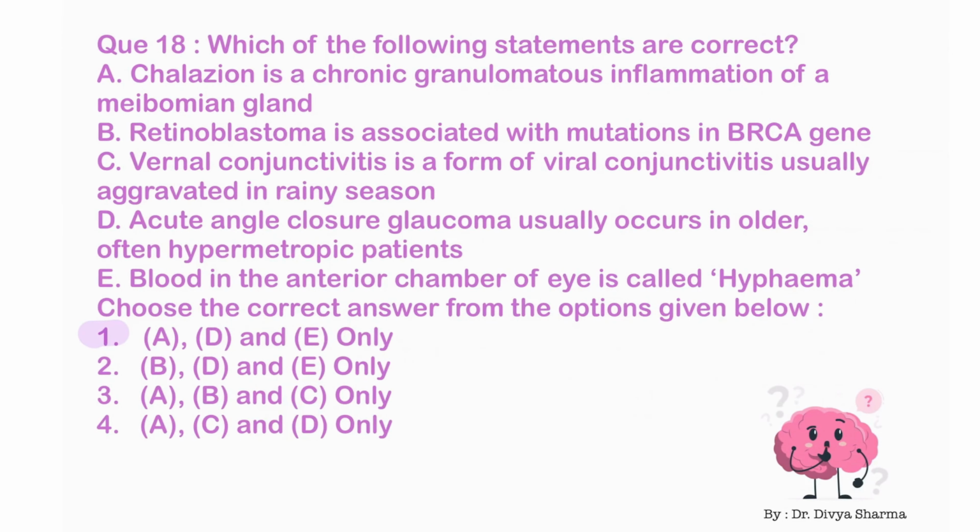So the correct option here is option 1, that is, chalazion is a chronic granulomatous inflammation of a meibomian gland. D. Acute angle closure glaucoma usually occurs in older, often hypermetropic patients. And E. Blood in the anterior chamber of the eye is called hyphema.